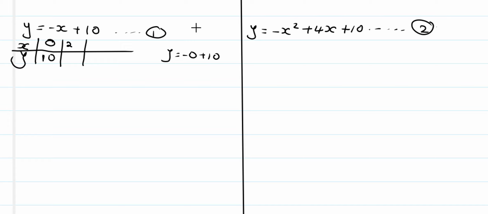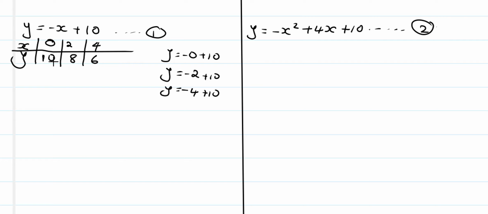Then y = -2 + 10, which is 8. How about if I guess x is 4? Then y = -4 + 10, which is 6. Now I have three pairs of coordinates, which I can use to plot this line in the graph.